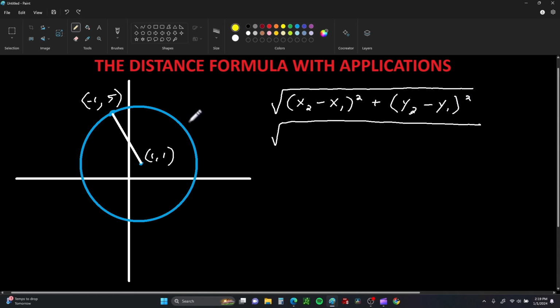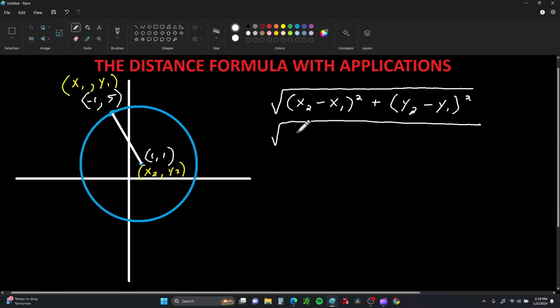I need to identify which is going to be x1 and y1, and which is x2 and y2. Well, the x that's to the right is going to be the x2 point, and that makes this one y2. And then this one over here is x1 and y1.